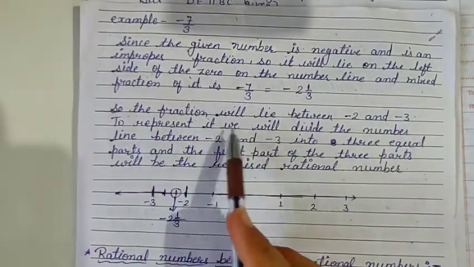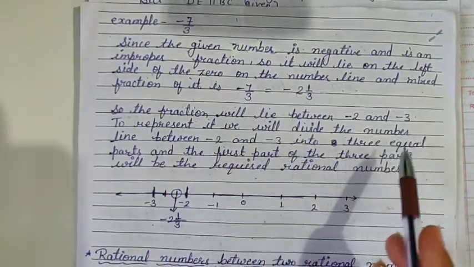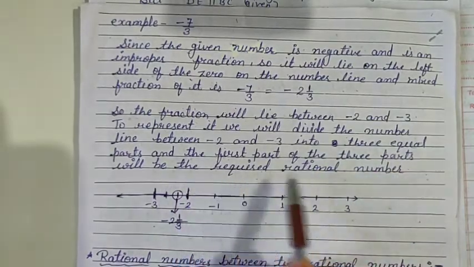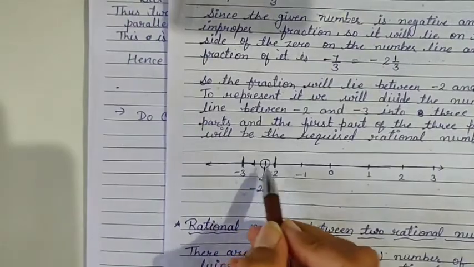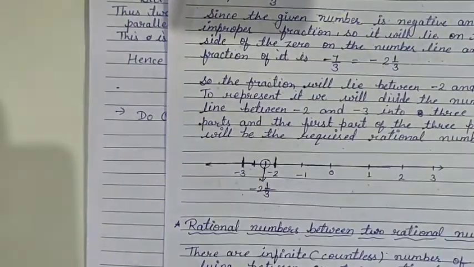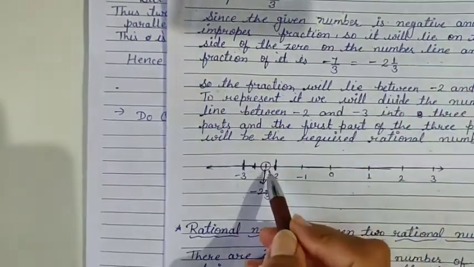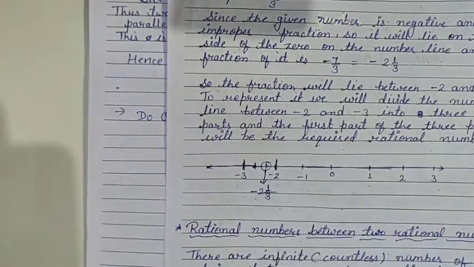The first part of the 3 parts will be the required rational number. We divide -2 and -3 into 3 equal parts: 1, 2 and 3. And what is the numerator? The numerator is 1, so our answer is this first part, -2 and 1/3.